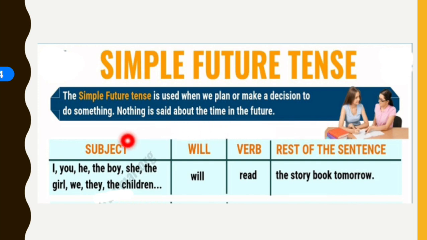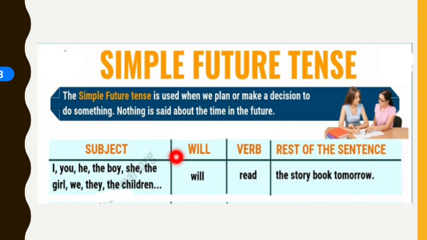Now, with I, you, he, the boy, that is a singular noun, she, the girl, again a singular noun, we, they, or the children, the children meaning we are referring to a plural noun.